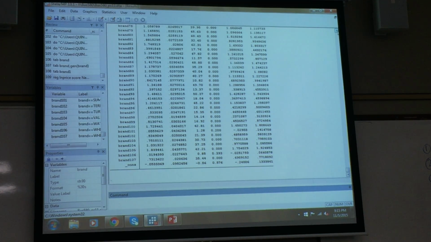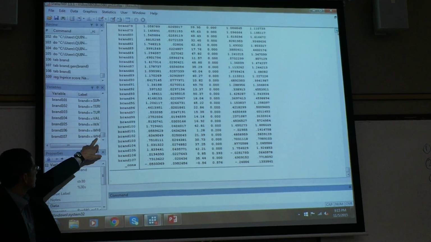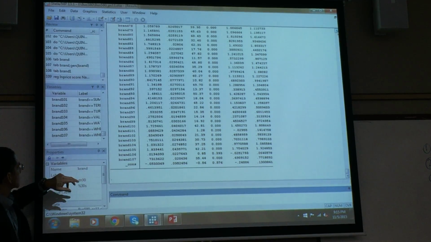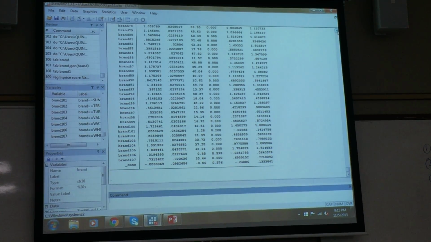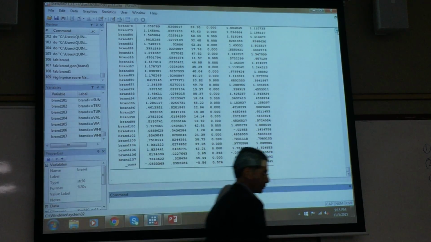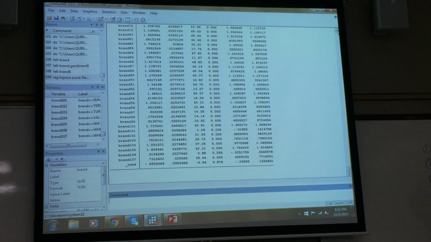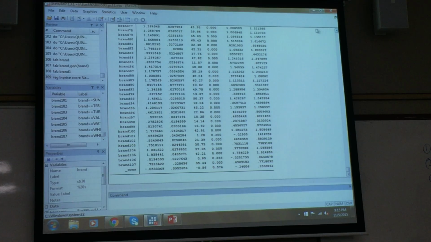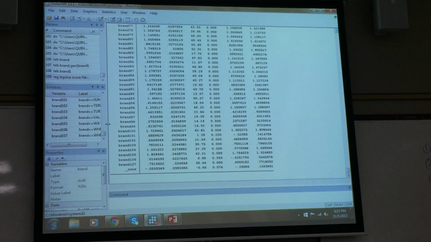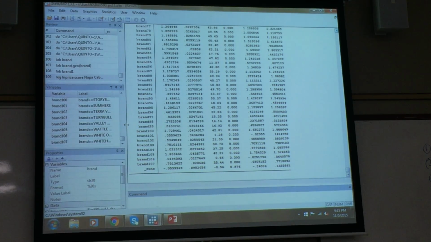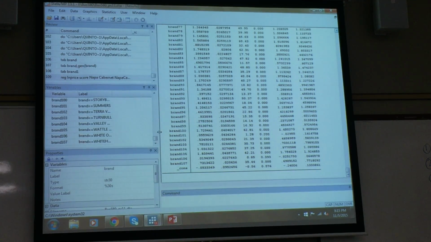So brand 107, whatever it is, something starting with WH. Guess we can look at that. White Oak? No, White. Whitehall Lane Winery, and then White Oak Vineyard. So 107 is Whitehall Lane.